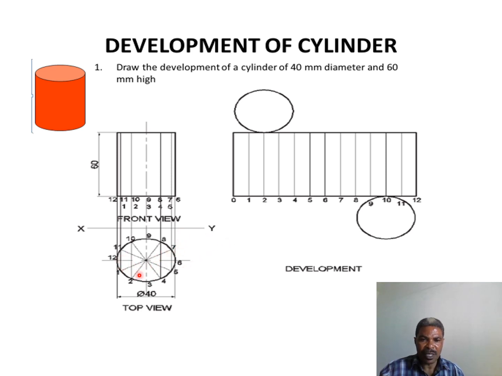Pi d means you have to use the given diameter and pi to get the total length, which is the perimeter of our cylindrical body. So the length from 0 to 12 is the length for our development, which is due to the perimeter of the given cylinder with the given diameter.